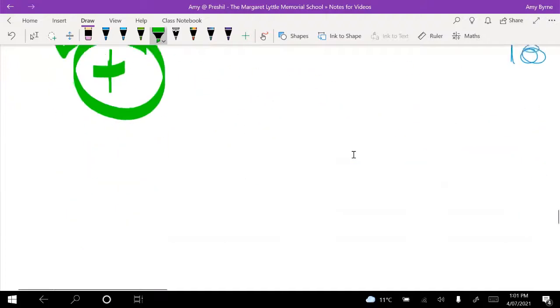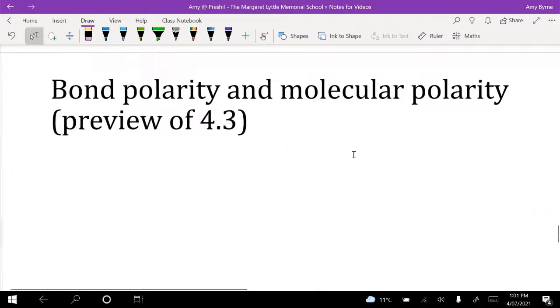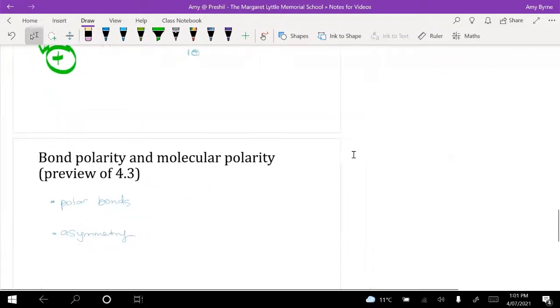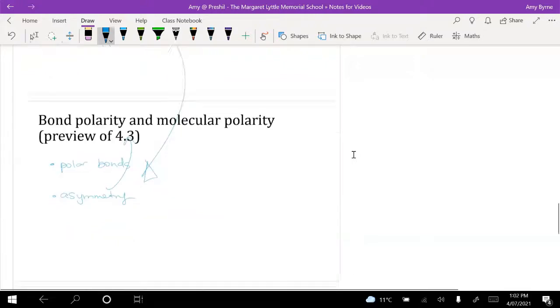And in order for that to happen, I need two things. Those two things are polar bonds and asymmetry. The polar bonds are what we've just discussed. Asymmetry is what you're going to discuss in 4.3.